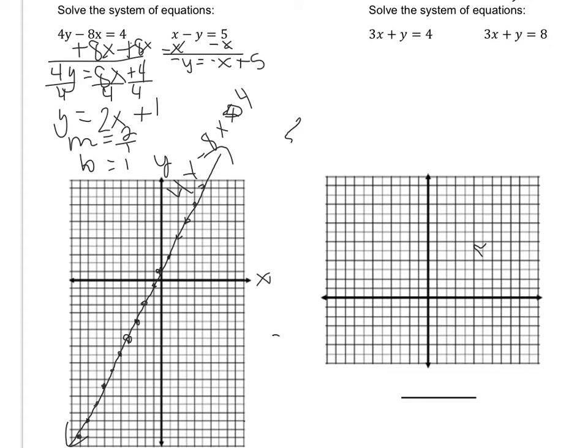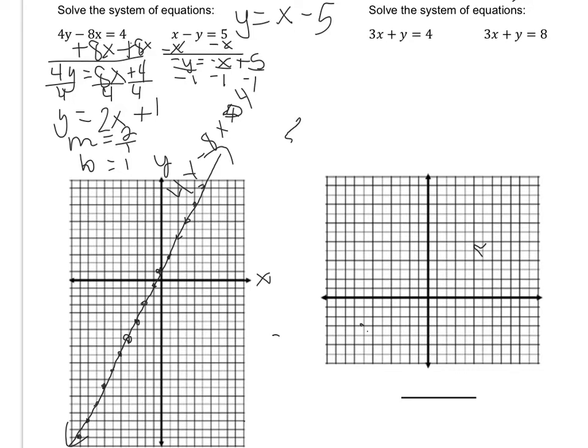So to get y really by itself, you still have to divide each little piece by what's in front of that y, which is negative 1. And you end up with y equals 1x minus 5. That one has a slope of 1, or 1 over 1, and a y-intercept of negative 5.